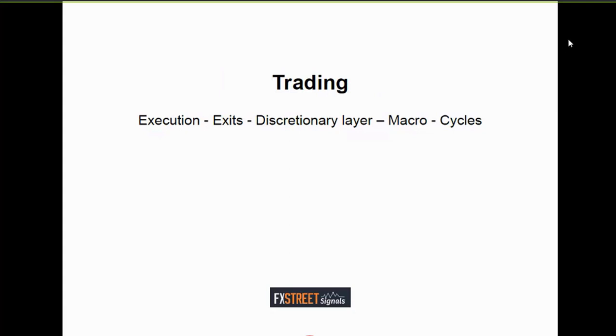Okay, here we'll tell you a little bit about execution, exits, how we enter and exit trades, how we manage them. The execution is done automatically on our side. The system routes the signal directly to our trading platforms.